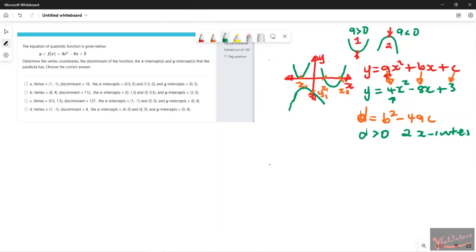When the value of the discriminant d is equal to 0, that means the graph has only one x-intercept. When the value of the discriminant is less than 0, that means the graph has no x-intercepts.